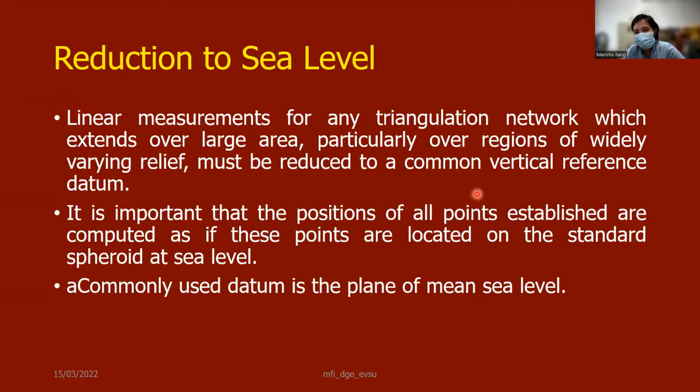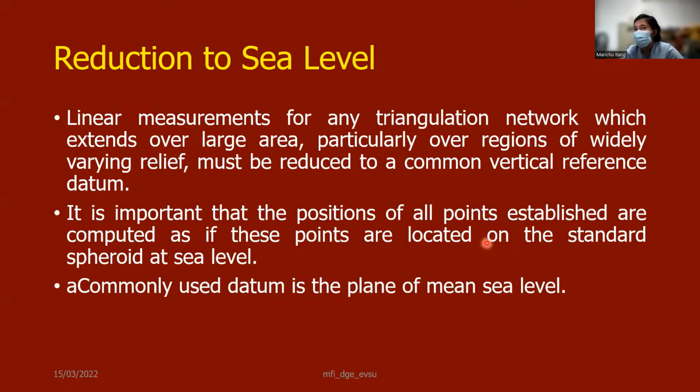When you see common vertical reference datum, like for example, yung ating zero, tinatawag na mean sea level o yung ating zero elevation. So we need to reduce our measurement para yung ating measurement ay nag-take account talaga ng curvature mismo ng Earth. So it is important na yung position ng lahat ng na-establish natin na points are computed based on yung ating reference vertical points, if these points are located on a standard spheroid at sea level.